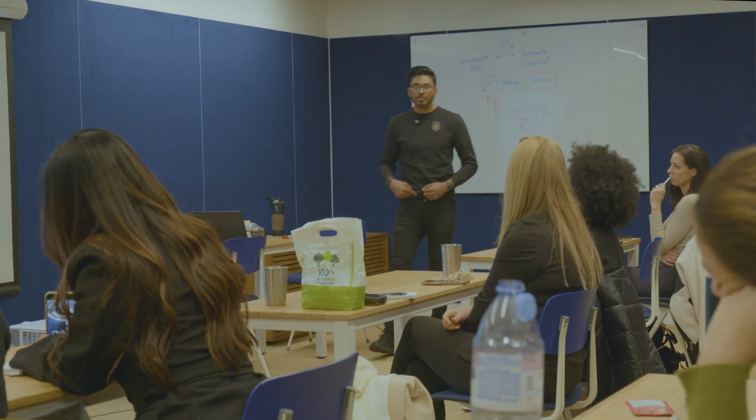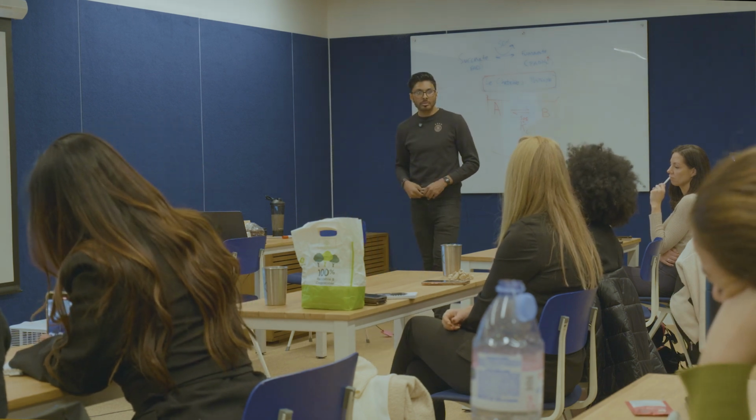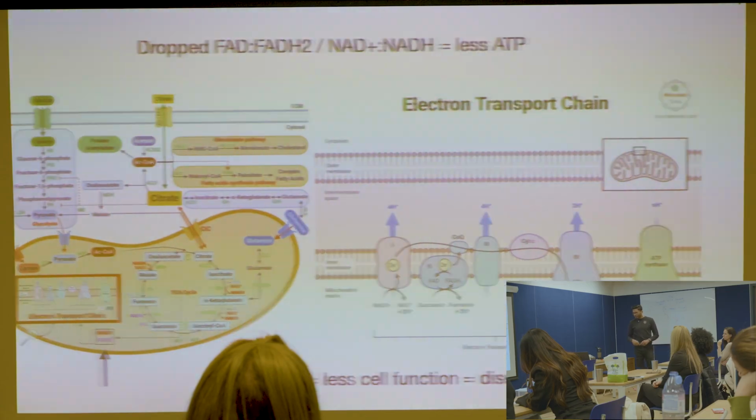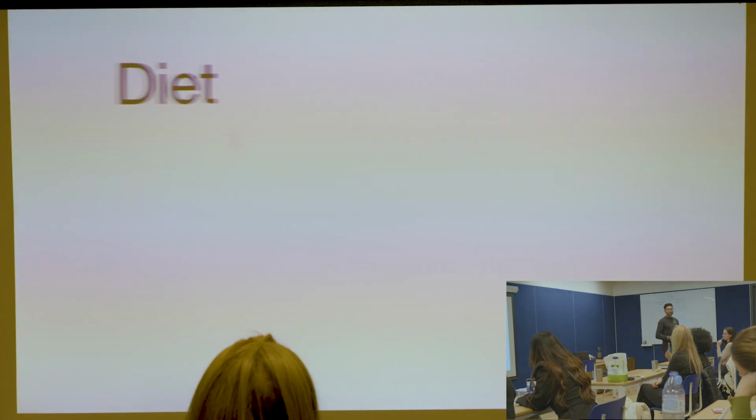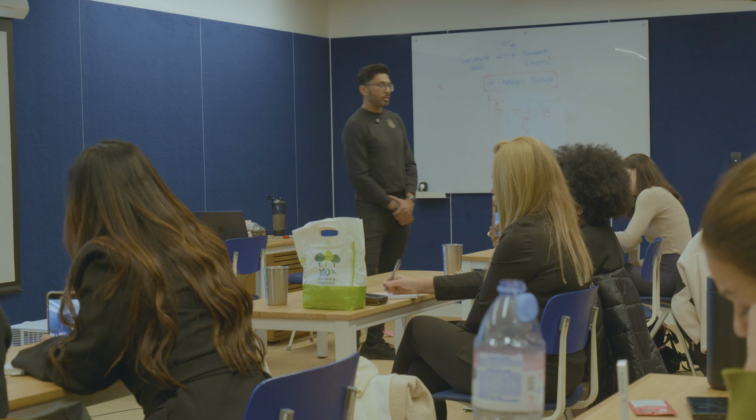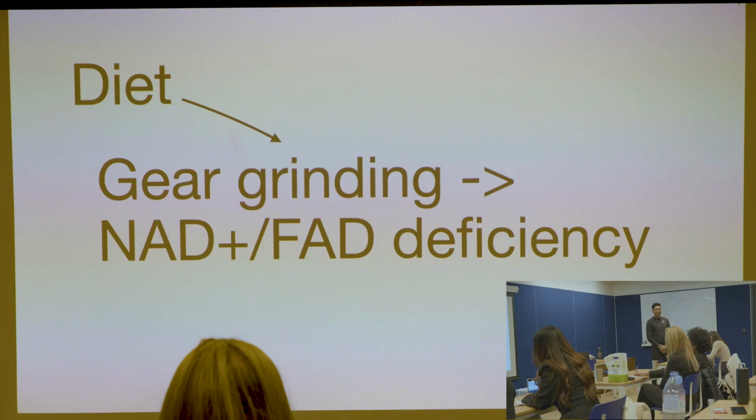The first question, remember, always is, what are you eating? If you don't answer that, how are you going to know? Yeah? So the take-home message, everything starts with what we put in our mouths. And depending on what goes in our mouth, we do or we don't get the grinding of our gears, which is then what gives us a depletion of those particular molecules.